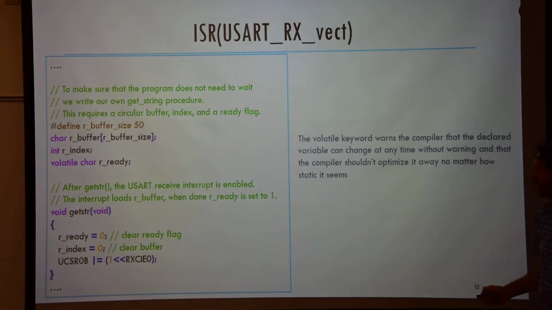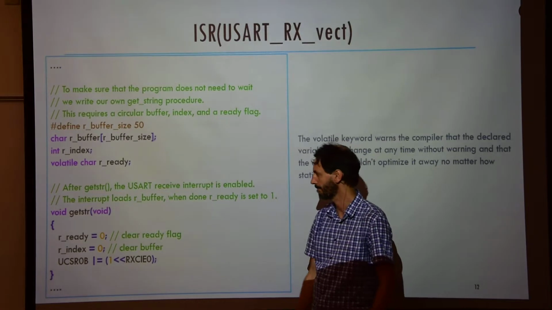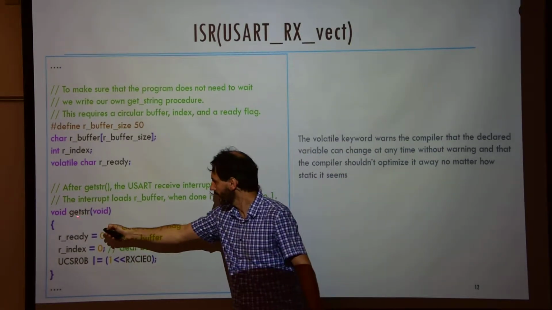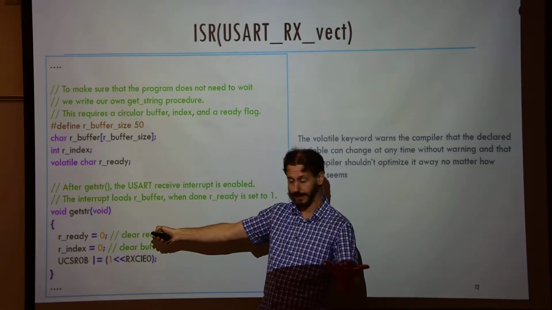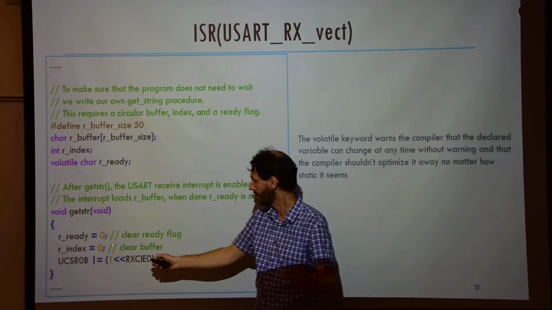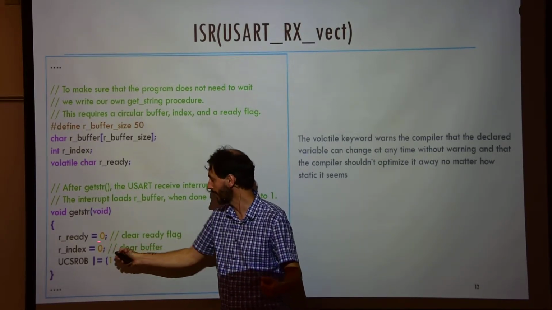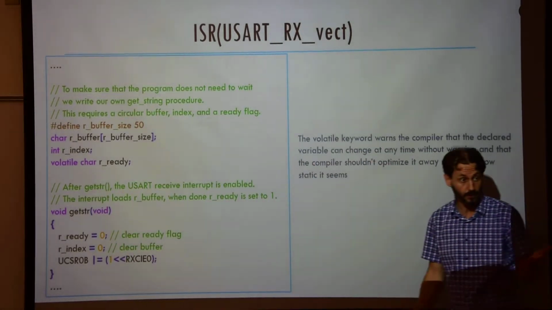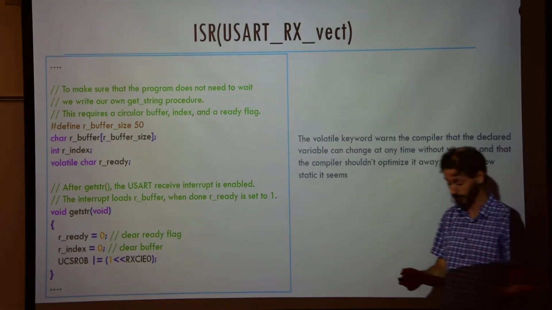So that's what that volatile means, and you will notice that you have to do that when you program timers and other things. And on the safe side, I sometimes use this keyword a little bit too much. But here we have the cat string. So if I call the cat string procedure, I say I'm not yet ready because the string has not completed.